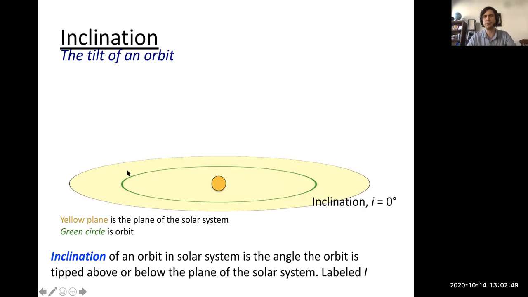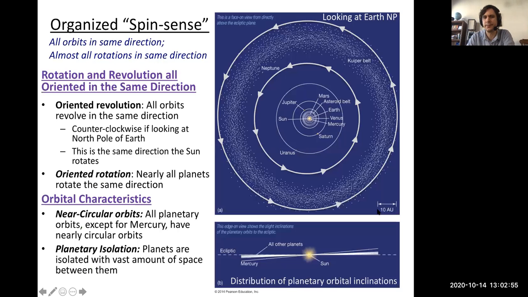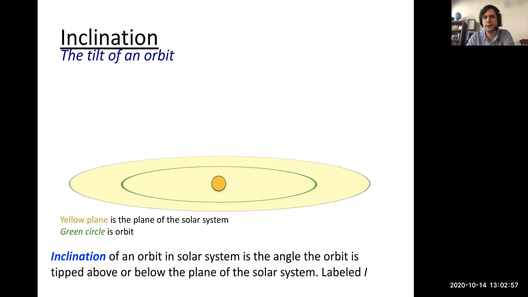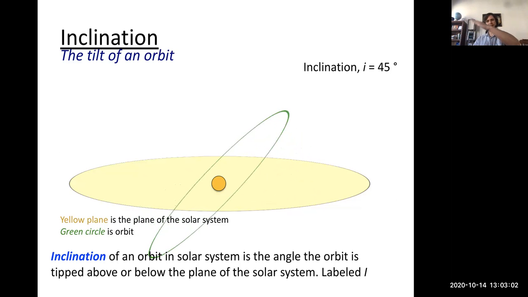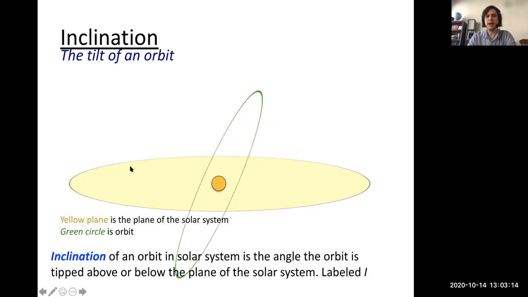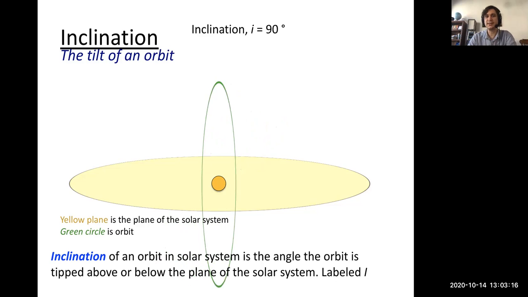So if the orbit is perfectly in alignment, lies on the orbital plane, then we'd say the inclination is 0. But that could be tipped, and here I'm tipping it this way. So at this point, the inclination would be 45 degrees. It's tipped at a 45-degree angle with respect to the orbital plane of the solar system. And the maximum you could tip one is 90 degrees.